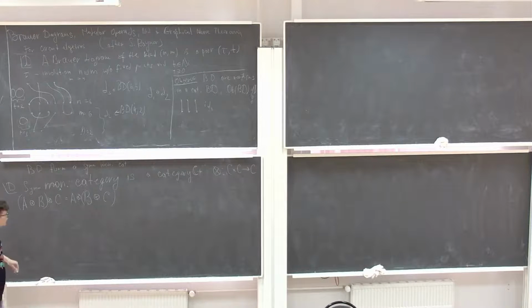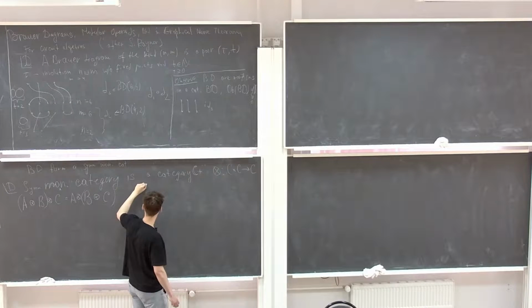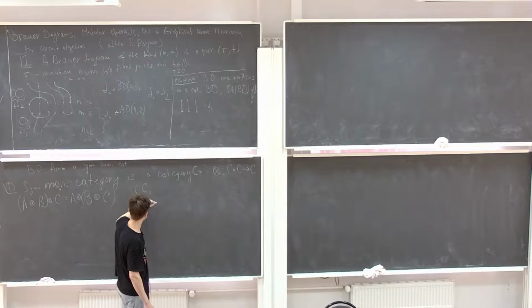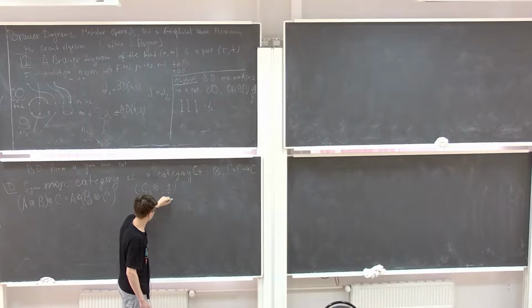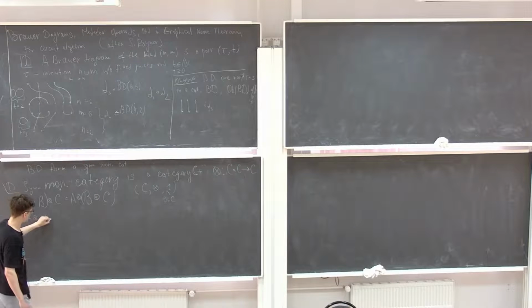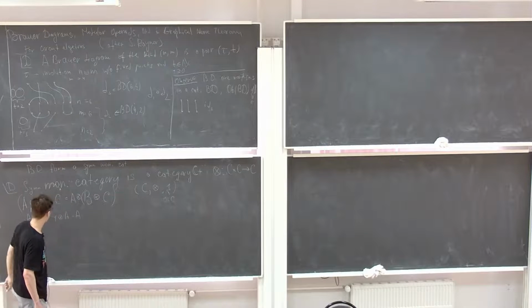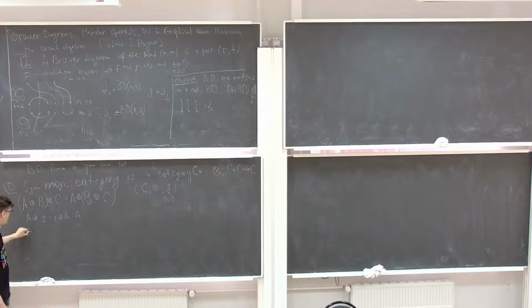And also, the category C should have a unit. So it's a triple of C, ⊗, and 1, that is an object in C for which A ⊗ 1 equals 1 ⊗ A equals A. And also the condition of symmetry: A ⊗ B equals B ⊗ A.